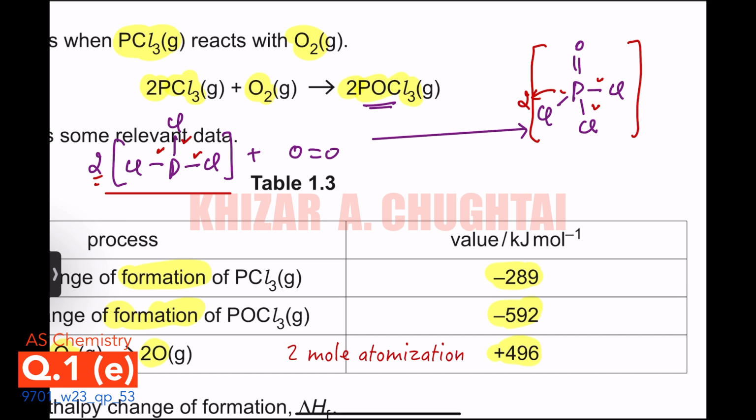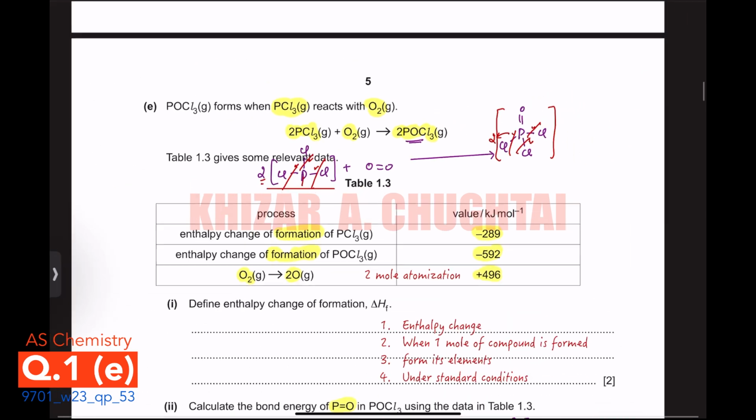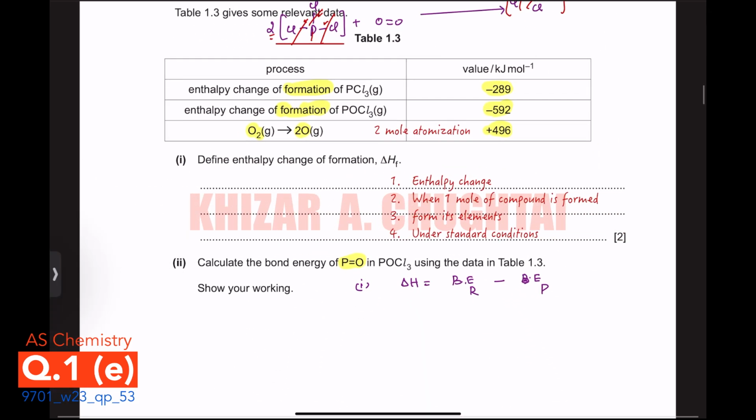Basically, I'm going to cut these bonds. All PCl bonds will cancel out, because they all are equal and present on both sides. So what is the overall change over here? The overall change is O double bond O is going into 2 mole of P double bond O. So that is the net change.